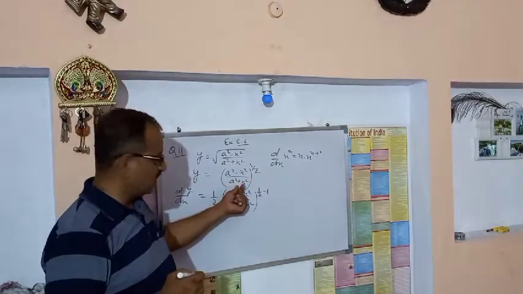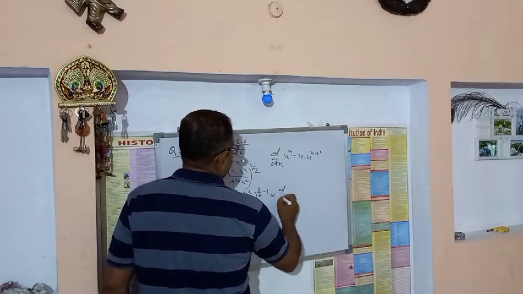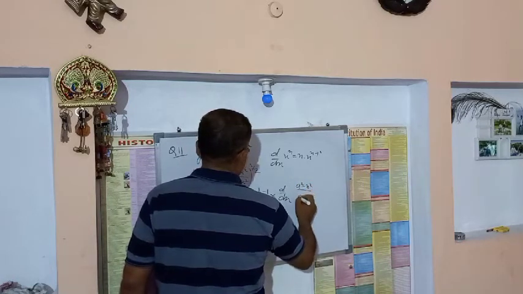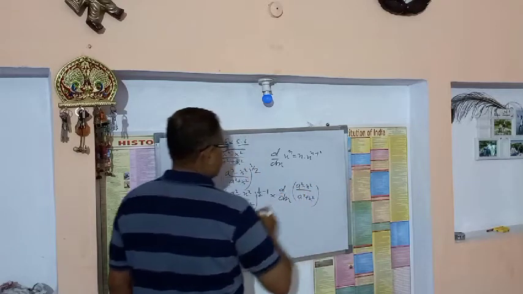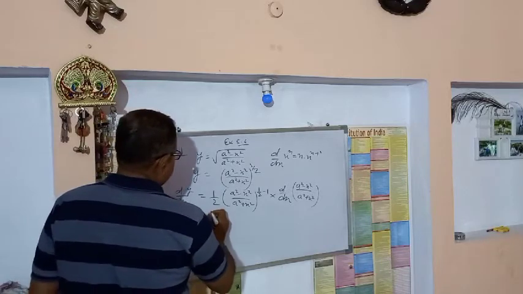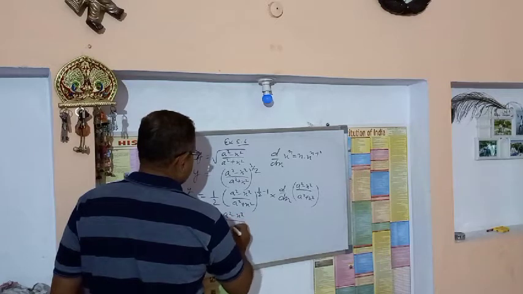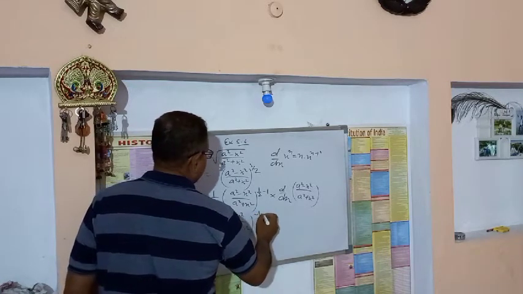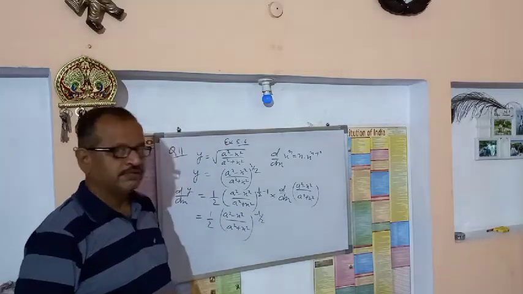Now we have to differentiate this inner function, d by dx of a square minus x square upon a square plus x square. So 1 by 2, a square minus x square upon a square plus x square to the power 1 by 2 minus 1 is minus 1.